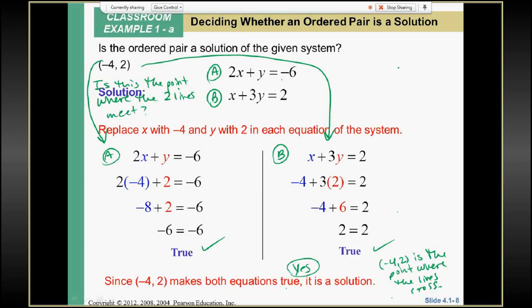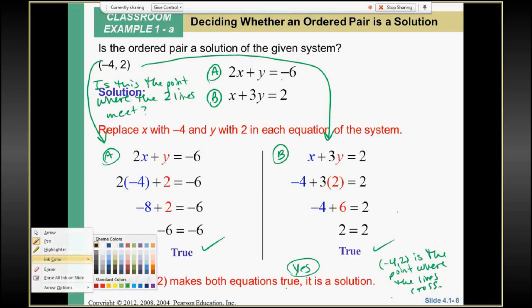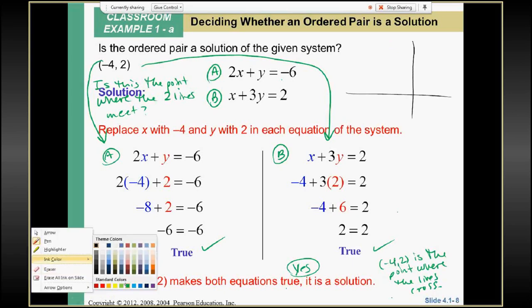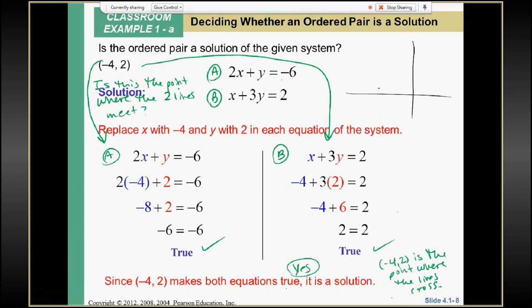Now, if I were to draw this very quickly, again, don't quote me, this is not super accurate. I'm going to go backwards. Normally you would graph this first. So -4, 2, let's say it's that point there. Let's do A in purple.